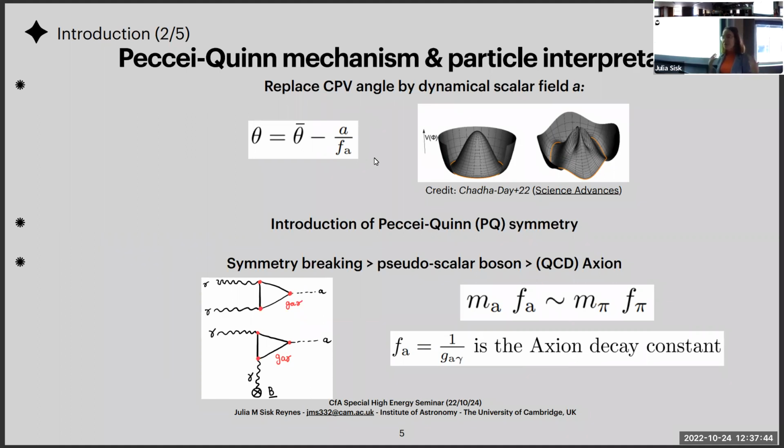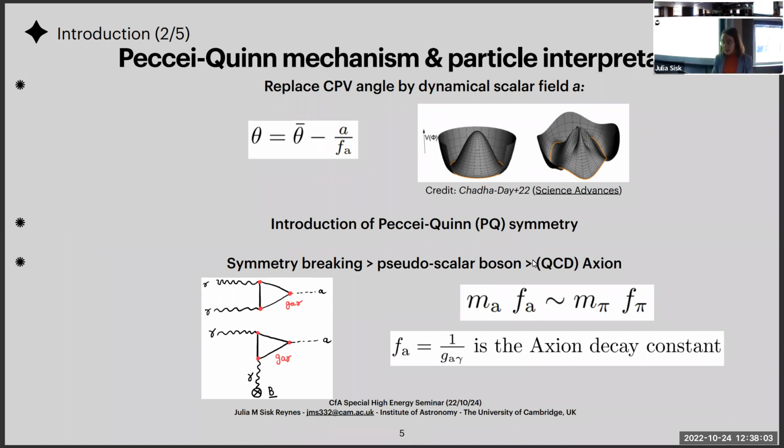And as you may remember from particle physics, when we introduce new symmetries that break, we get new particles. So this is the QCD axion. And as we can see here, the QCD axion is expected to mix with electromagnetism. So this is something that I'll talk about later.